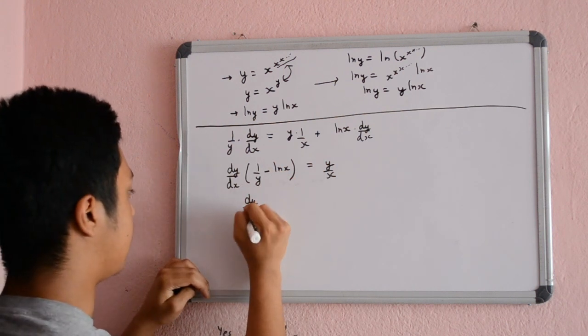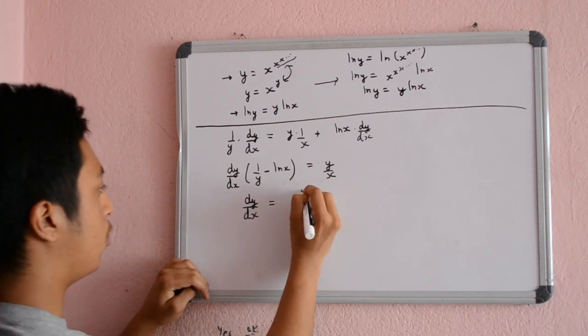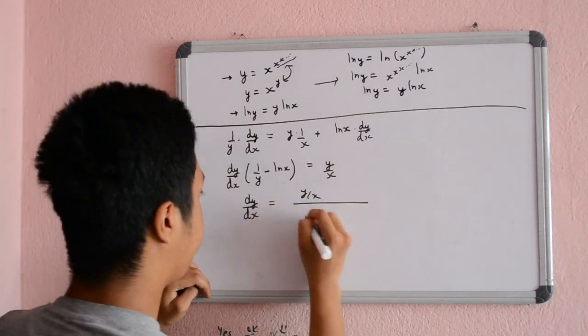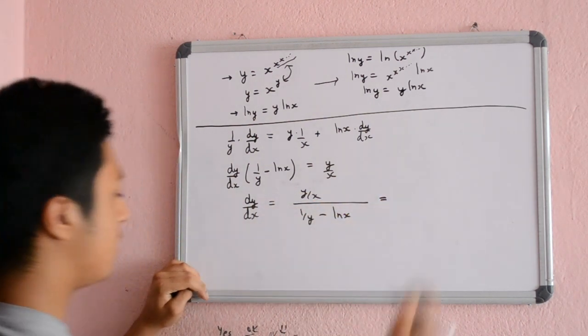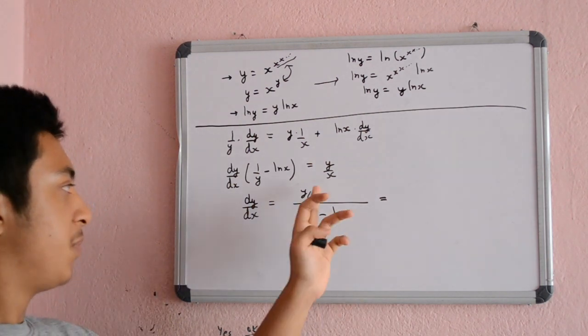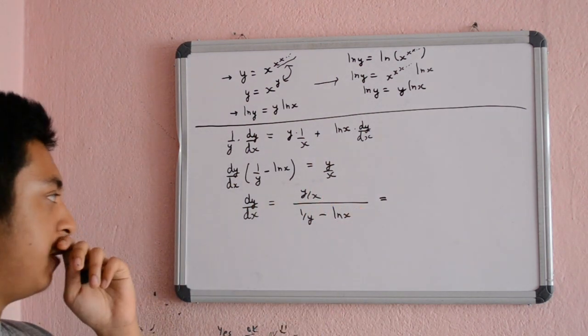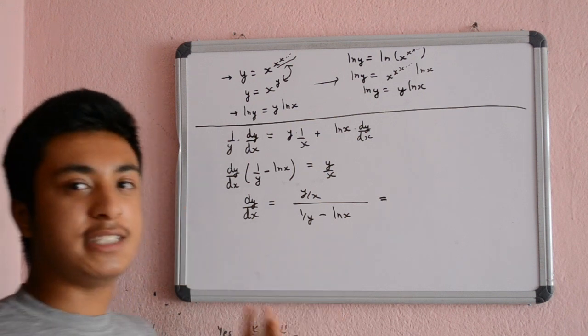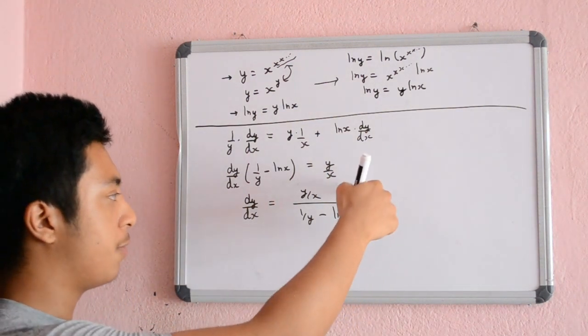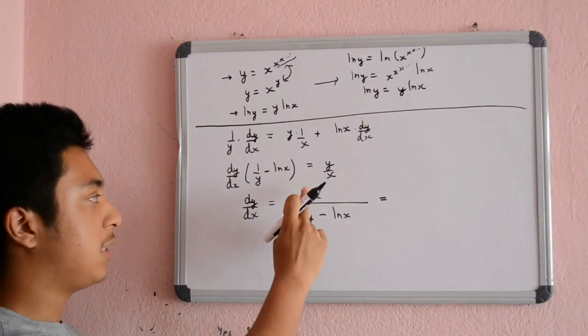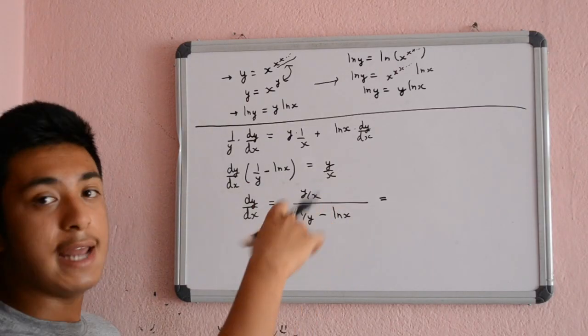So dy by dx is equal to y by x over 1 by y minus ln x. And here y by x, you can just leave it at that, that's fine. Or what some people do is multiply y on the numerator and denominator so that you get y squared by x over 1 minus y ln x.